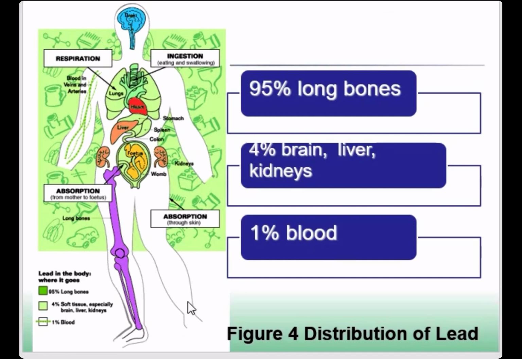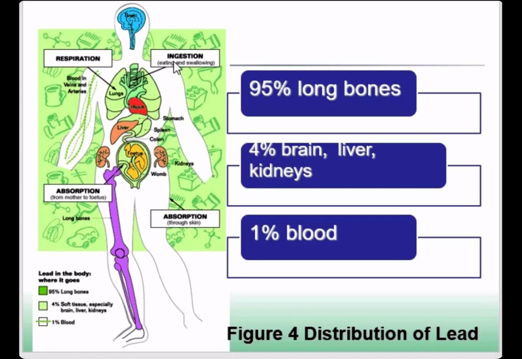So from this picture, we will see absorption of lead from respiration and ingestion. From respiration, it goes to the lungs, and then with the blood to different organs: the liver, the kidney, the spleen, and the colon.